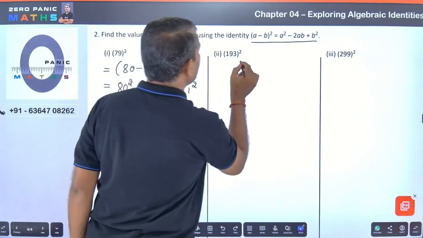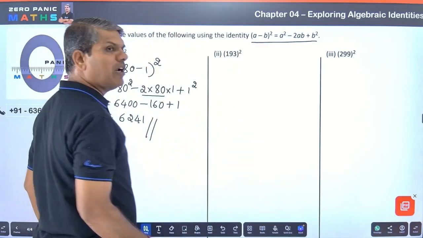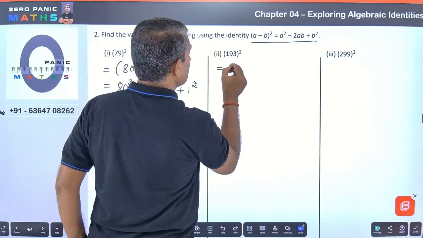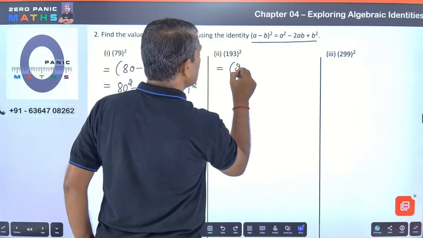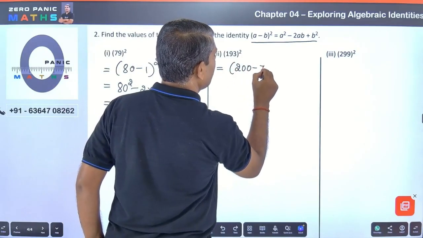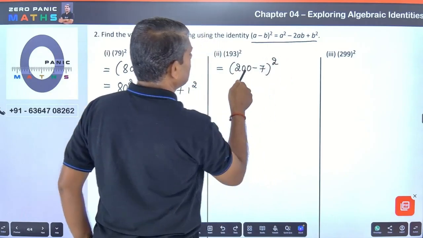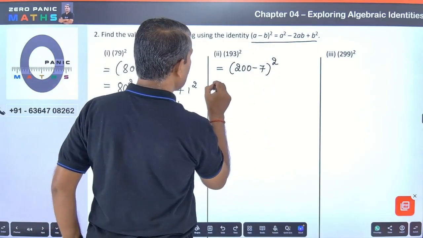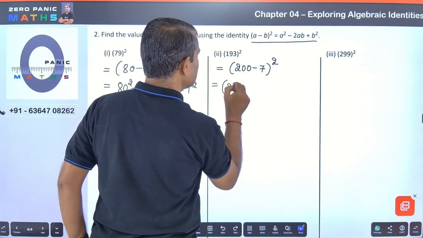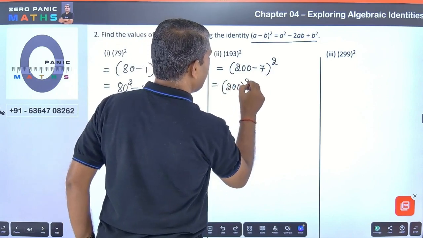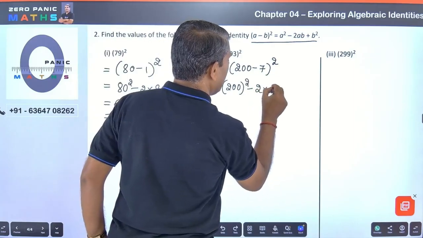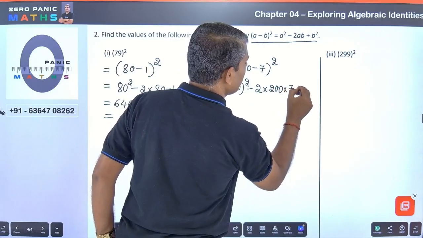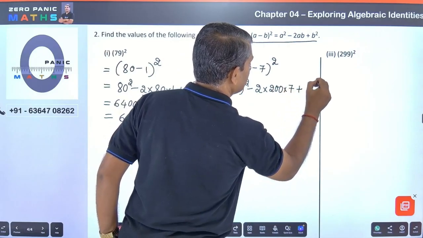Here also the roundabout multiple of 10 is 200. So I can write 193 as 200 minus 7, where 200 is a and 7 is b. Let me write the expansion of a square minus 2ab, which is 200 square, minus 2 times 200 times 7, plus 7 square, which is 49.